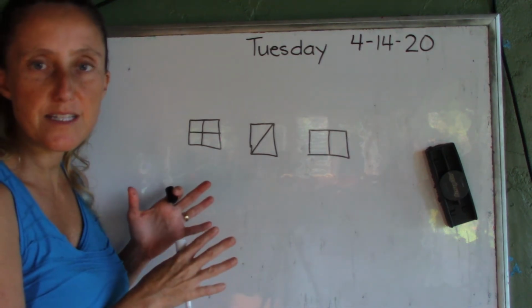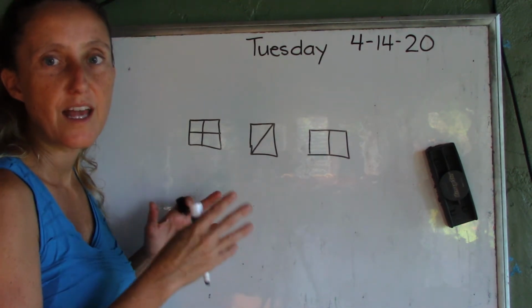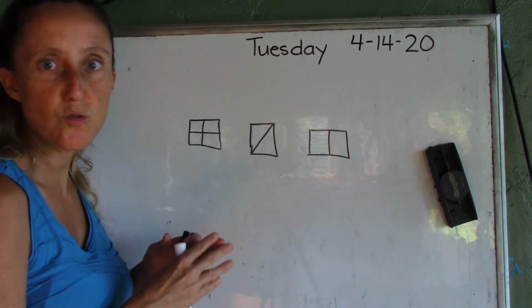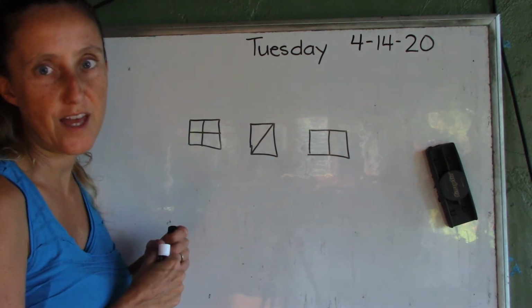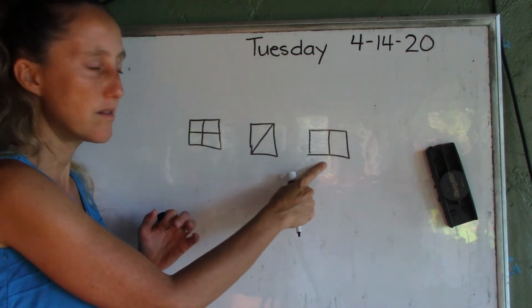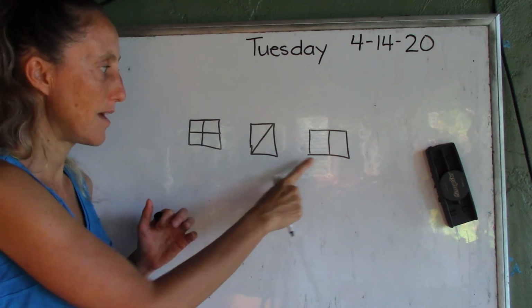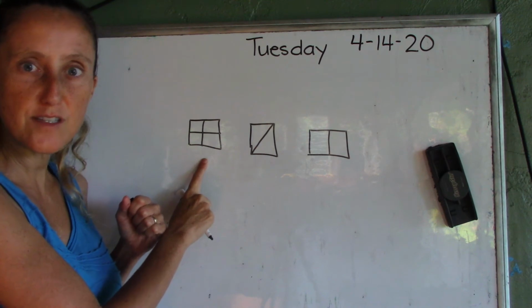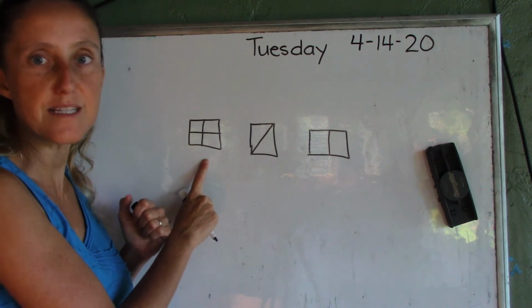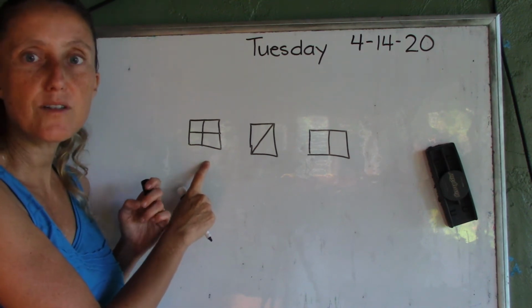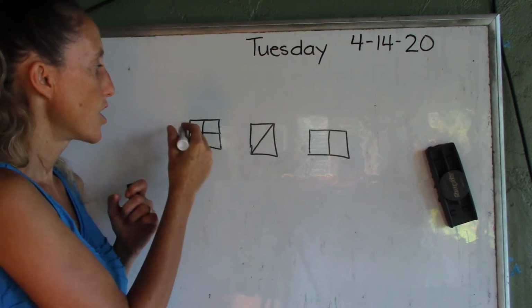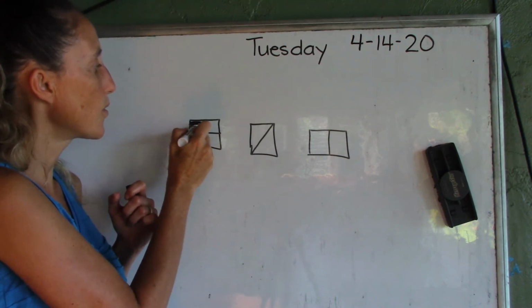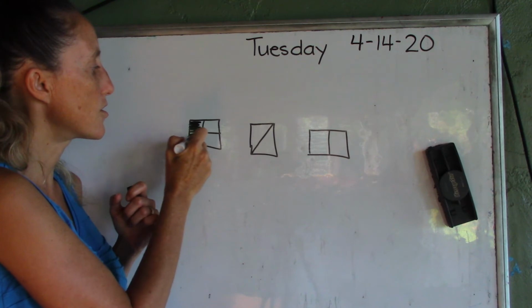The shape that's divided in fourths, I want to color 2/4 of that. So is this one divided in fourths? No. How about this one? No. Is this one divided in fourths? In 4 pieces or fourths. And I want to color in 2/4. So I'm going to color in 2 out of the 4 pieces. That's 2/4.